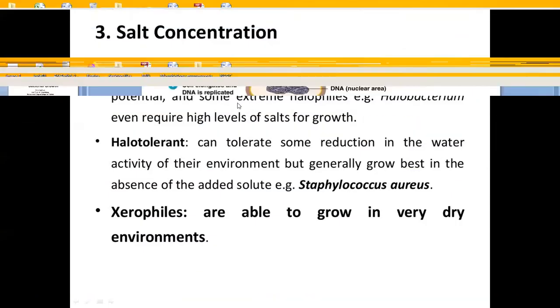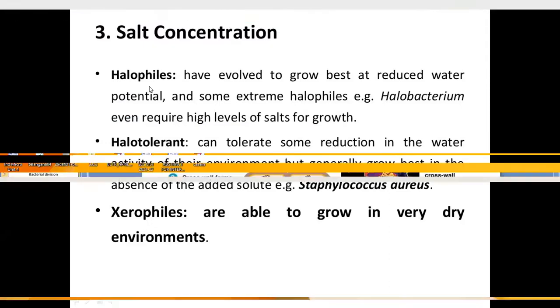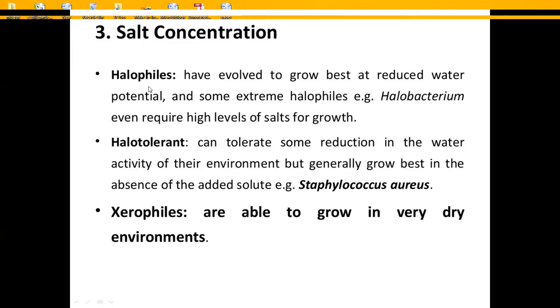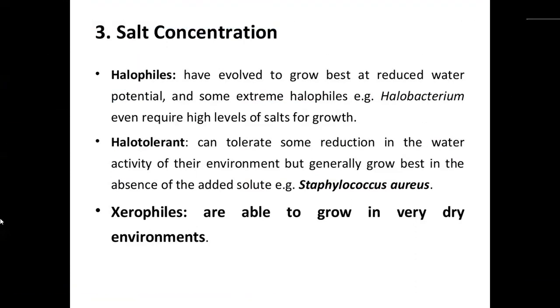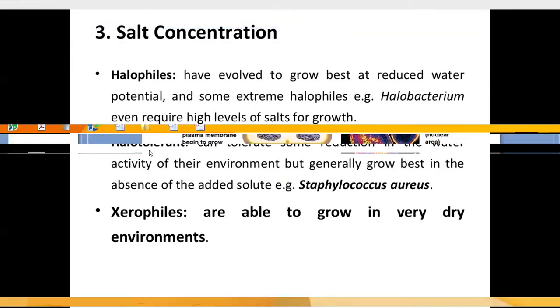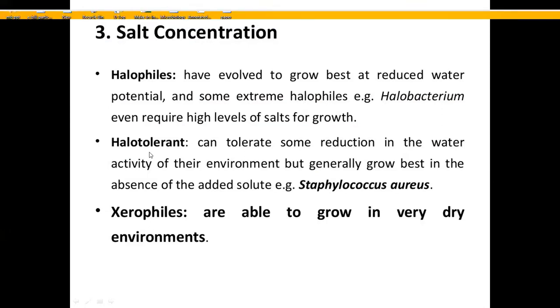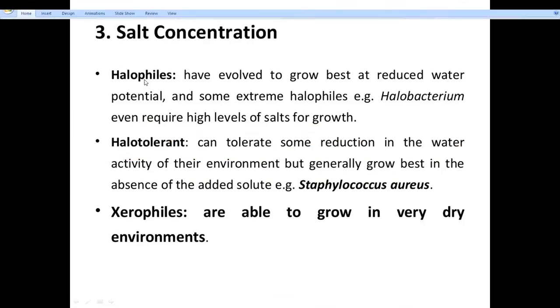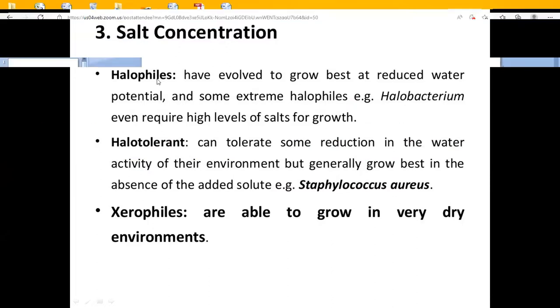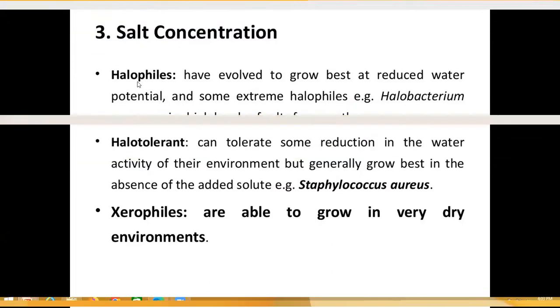Salt concentration: they can be called halophiles if they require more salt for their growth. And halotolerant means if they can tolerate higher salt concentration, they are called halotolerant. What is the difference between these two terms? As I said, philes or philic means loving, means they love salt. They definitely need salt for their growth.